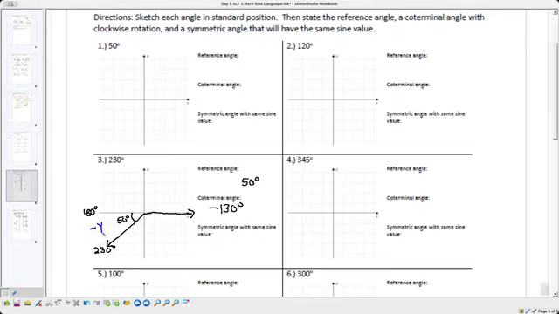This is a negative y. So I'm going to go to the other negative y, and I'm going to drop 50 degrees in that quadrant. So now here, that's going to be 360 minus 50. So that's going to be 310 degrees. Go ahead and finish the rest in class. Anything you don't finish is homework.